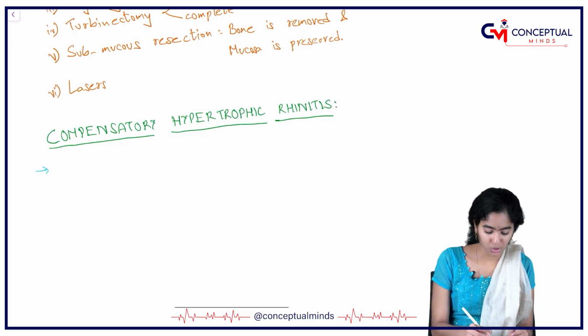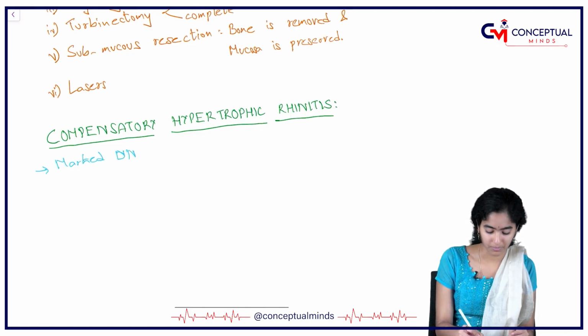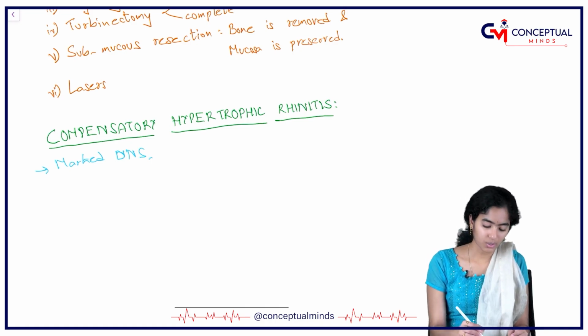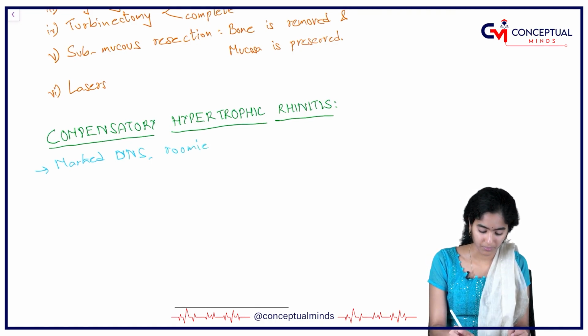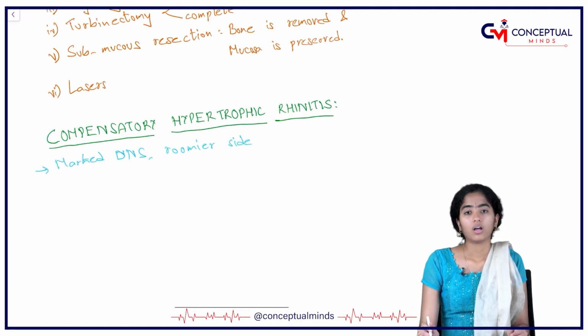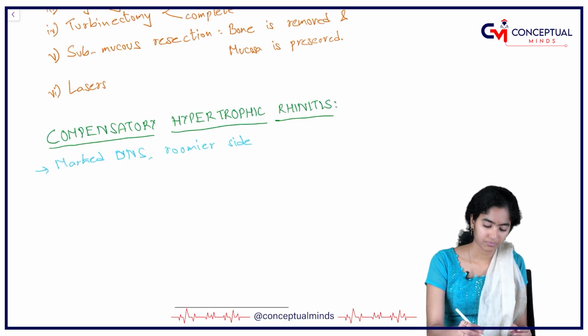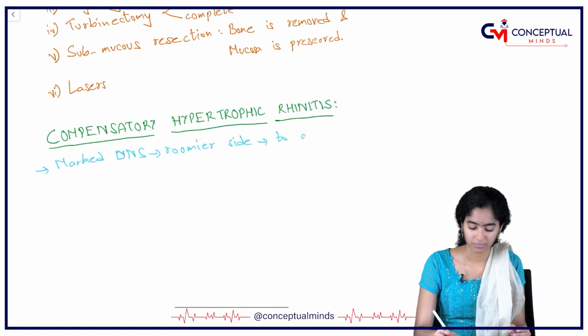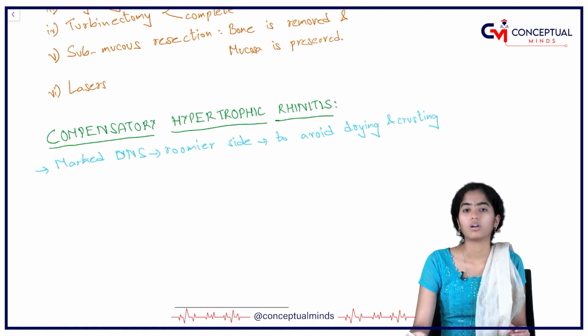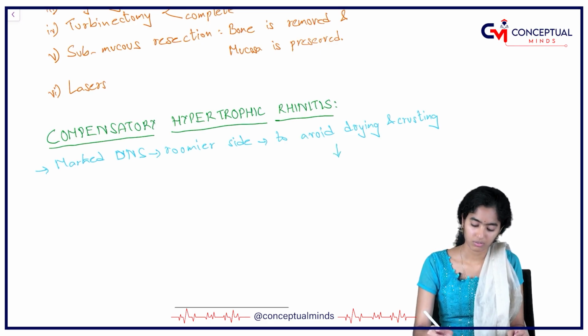So to write it down, in a patient of marked deviated nasal septum, DNS, what happens is the roomier side, due to the effects of excess air entry, to avoid drying and crusting, it will show hypertrophy.